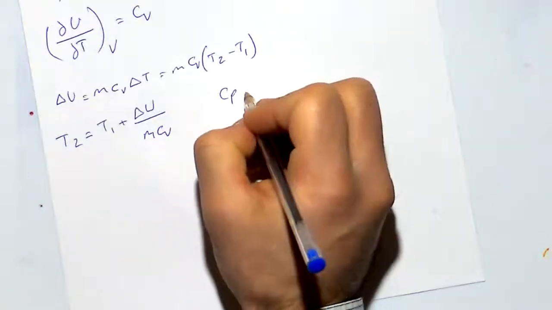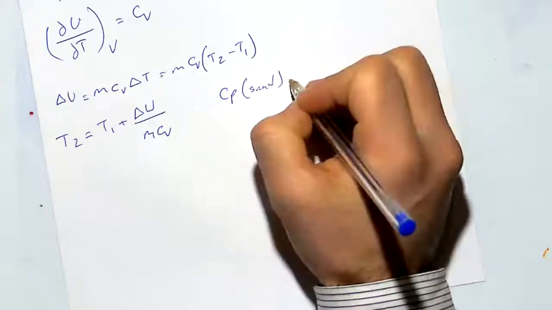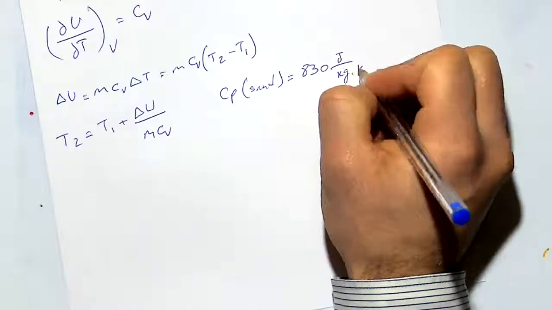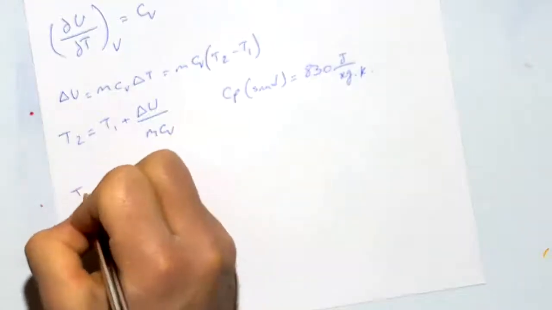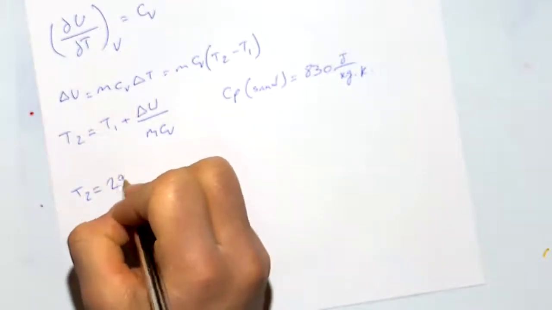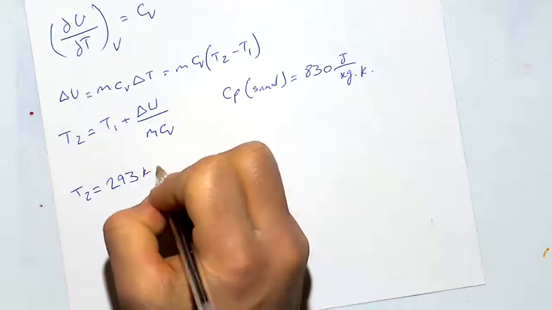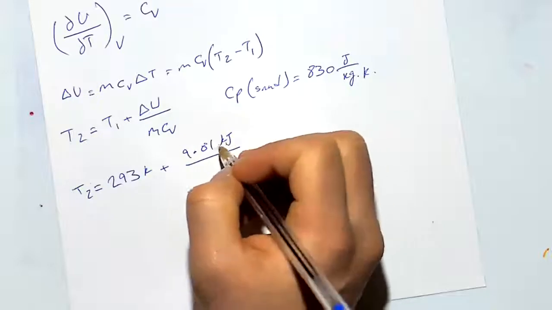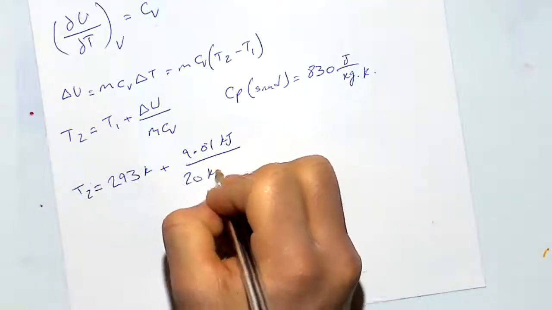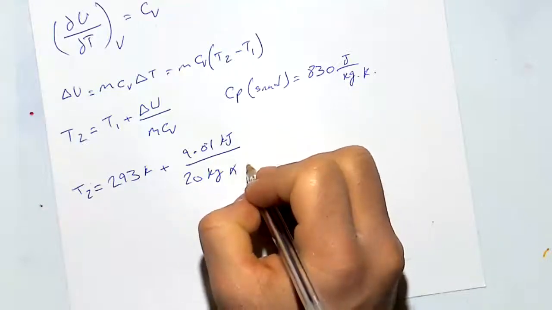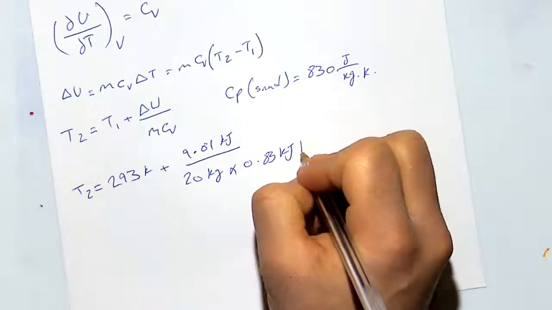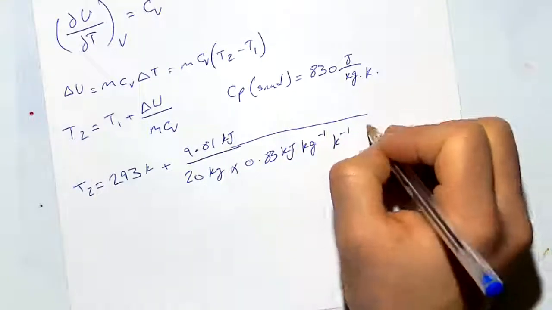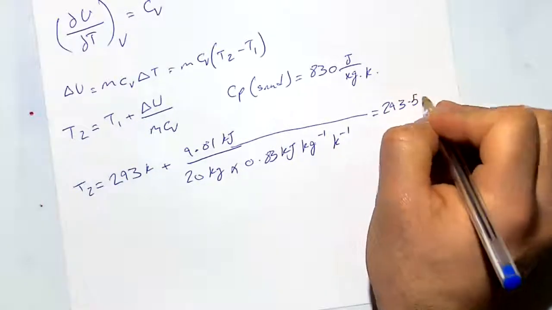And we know Cp for sand equals 830 joules per kilogram per Kelvin. Therefore, T2 equals 293 Kelvin plus 9.81 kilojoules, because you've calculated that already, over 20 kilograms times 0.83 kilojoules per kilogram per Kelvin, which equals 293.59 Kelvin.